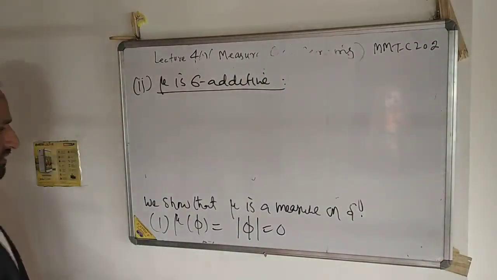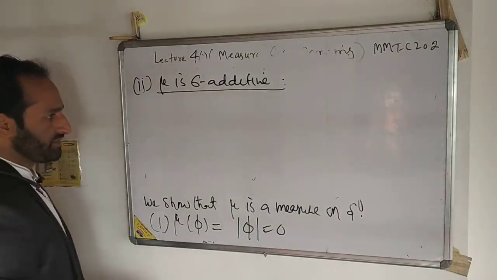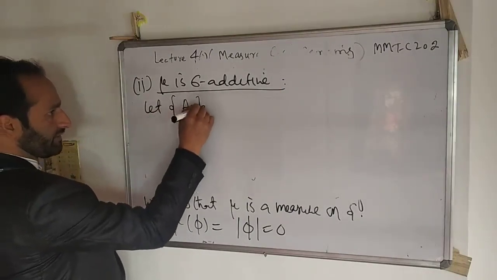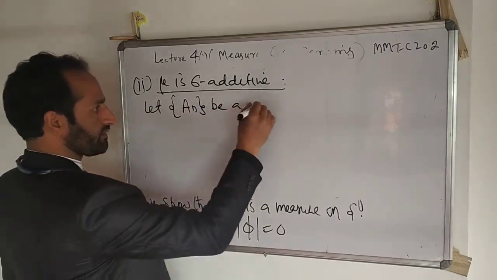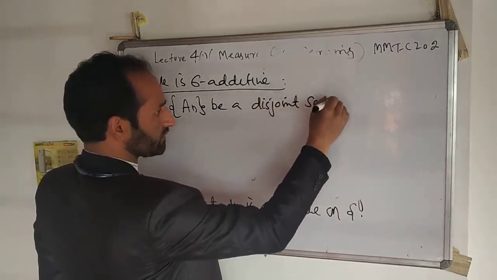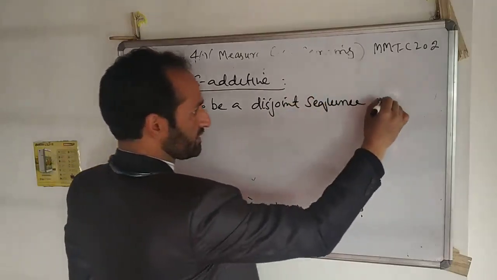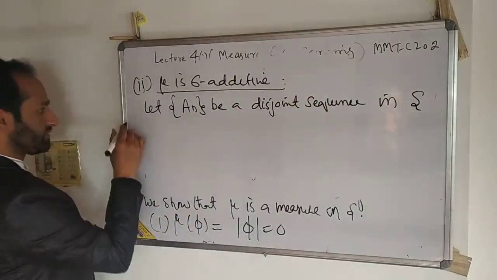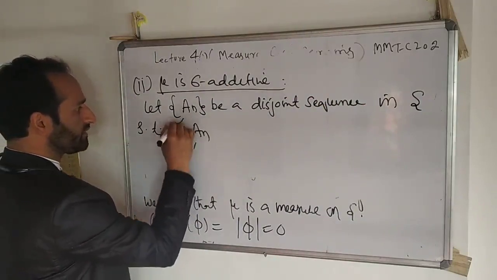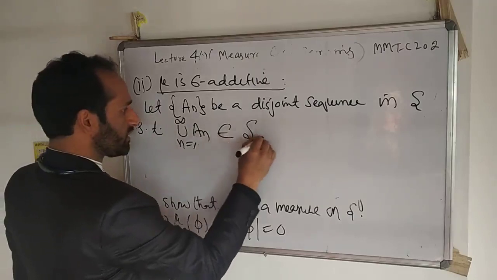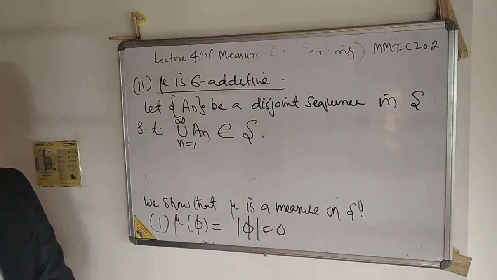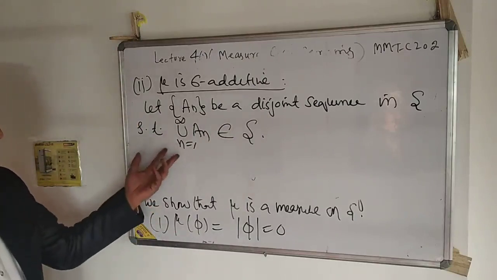For this we take any disjoint sequence A_n such that the union of A_n, n from 1 to infinity, belongs to S. This is always true here. The union is always in S because S is the class of all subsets of X, so we don't need to write it here.